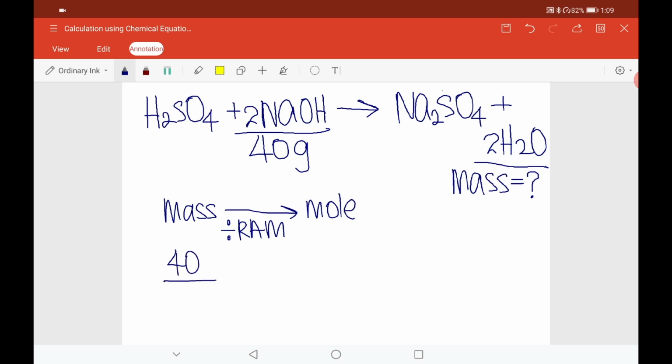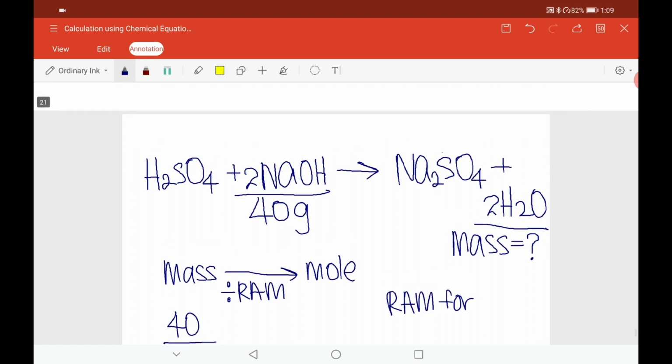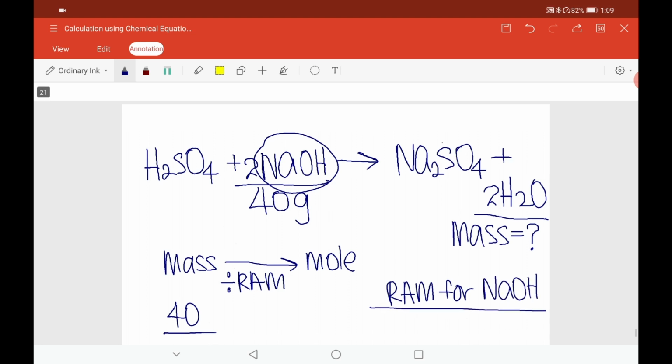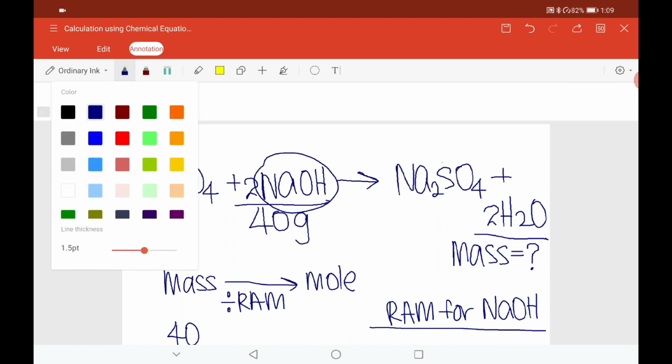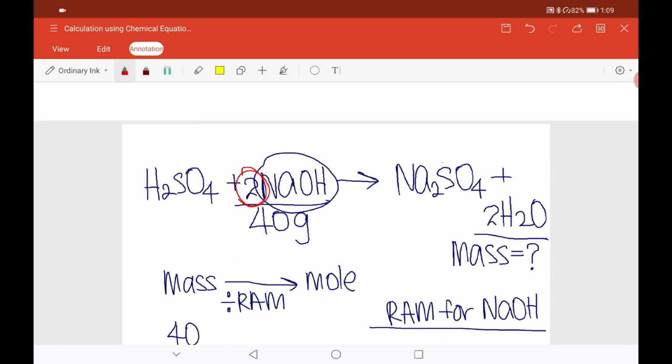So now we need to find the RAM first. The RAM we want to find is for sodium hydroxide, which is NaOH. When we find RAM, remember the number at the front, the number 2 here, don't include it in the RAM calculation.